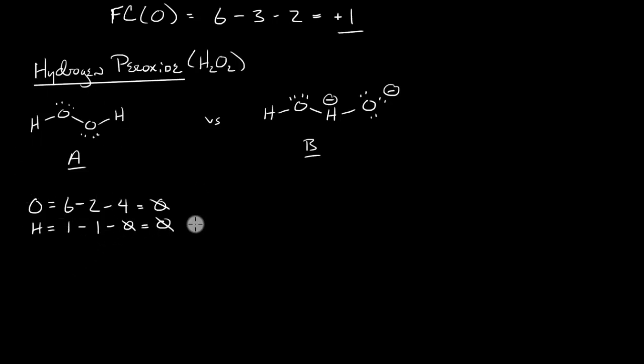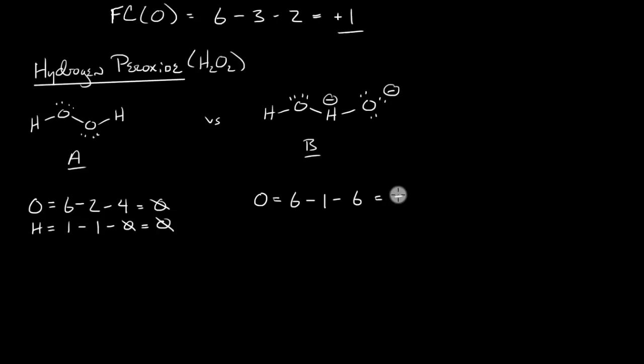If we compare and contrast to B, there are a couple of things that are wrong with molecule B. The first is the formal charge calculation for each one of these. If we went through the charge calculations, we'd find that the hydrogen is negative and the oxygen is negative. The oxygen has 6 as its valence, minus 1 covalent bond, minus 2, 4, 6 electrons that are in the lone pair configuration.